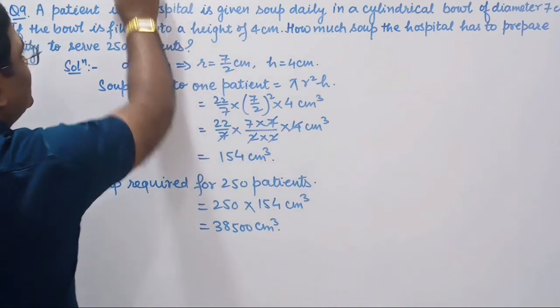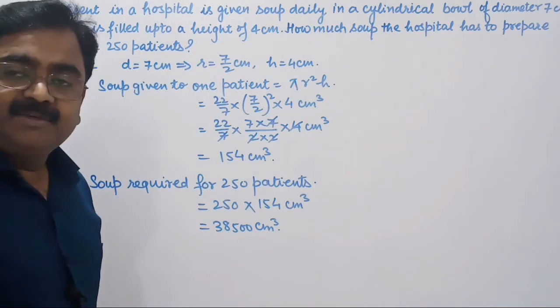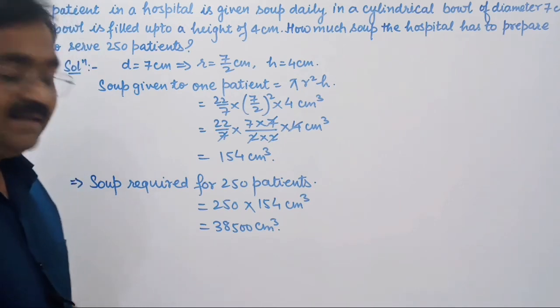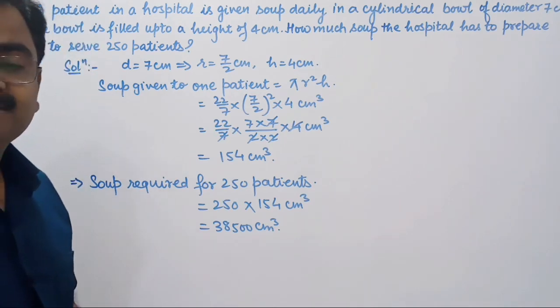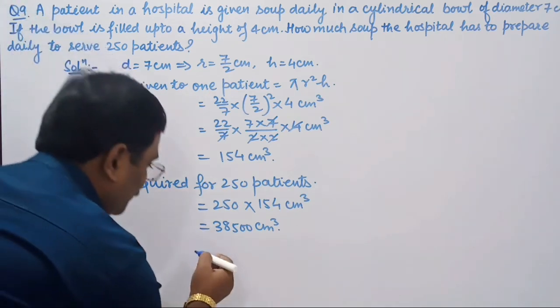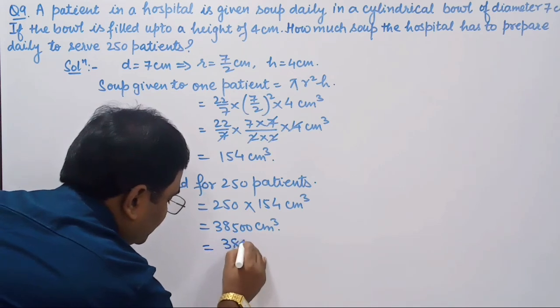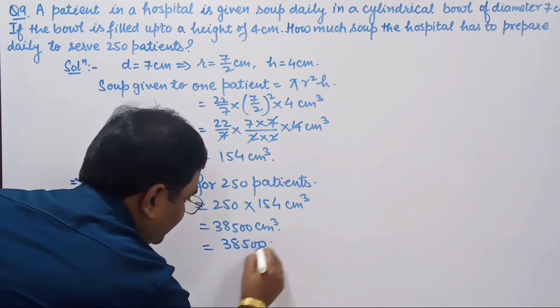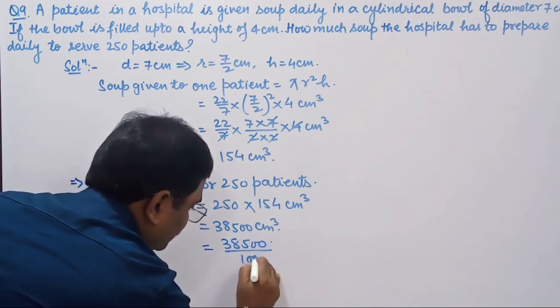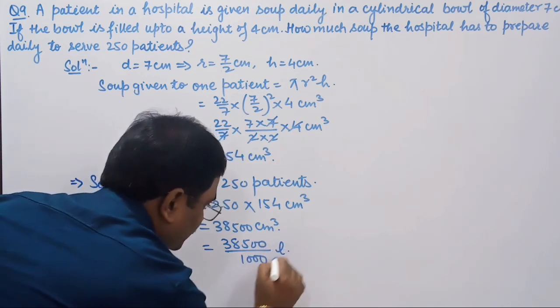Now it is in centimeter cube, and we know 1 liter is equal to 1000 centimeter cube. So we have to convert it into liters. 38,500 divided by 1000 liter.